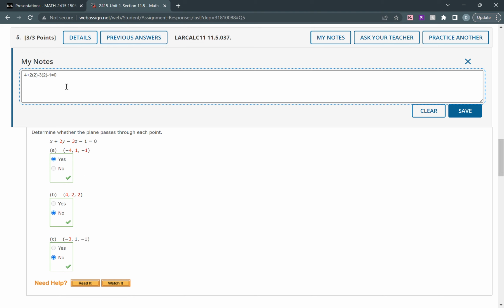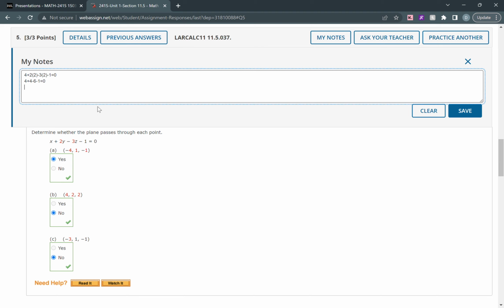Now we do the math on that. 2 times 2 would be 4, plus 2 times 2 would also be 4. -3 times 2 would be -6. And also -1 equals 0.